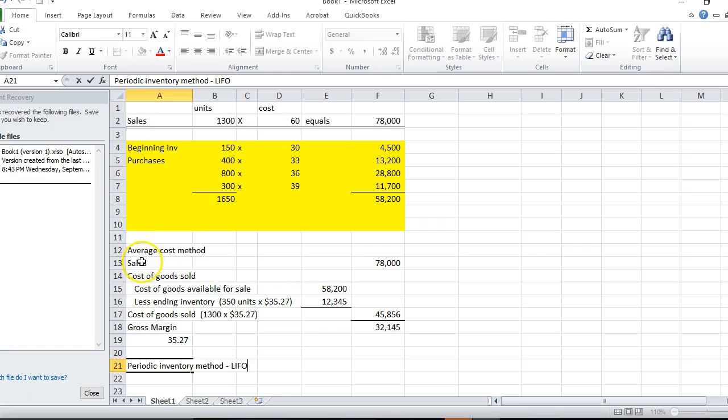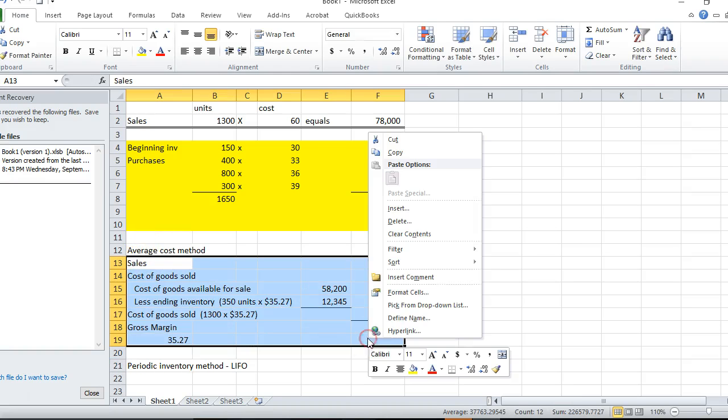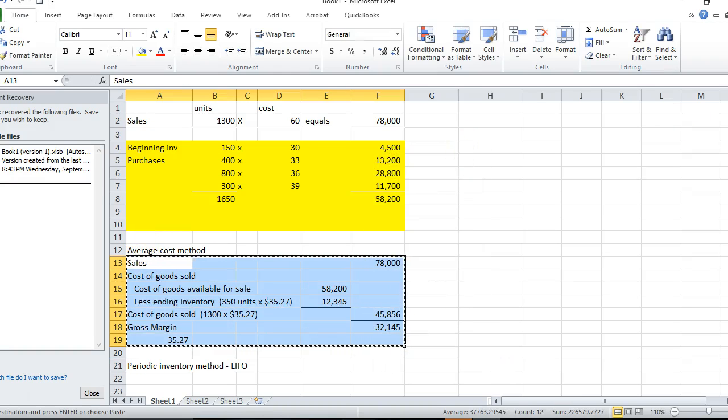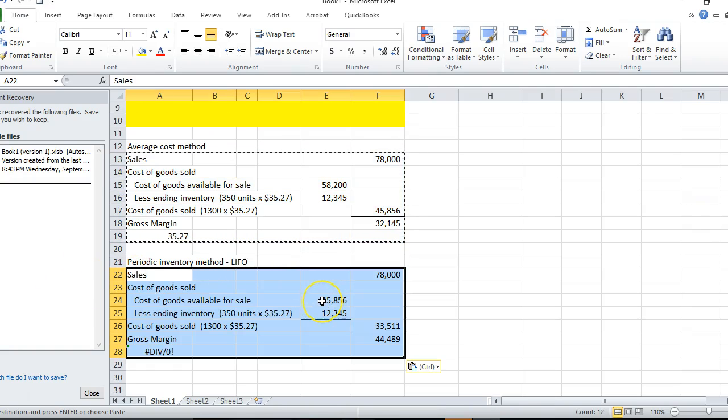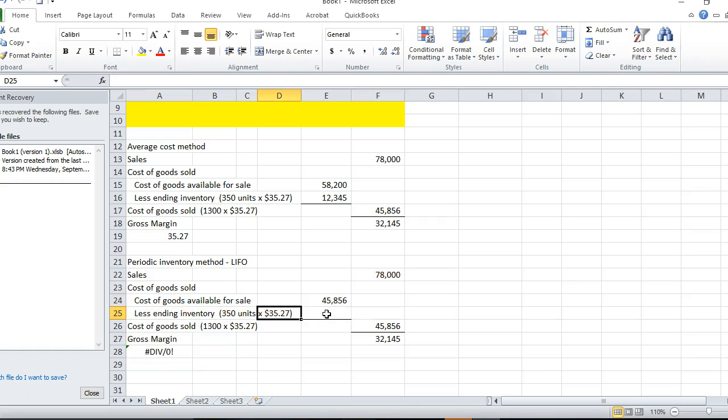So this concept, I'm just cutting and pasting this so I don't have to type it all again. But this is going to change. So Lifo, let's talk about this.